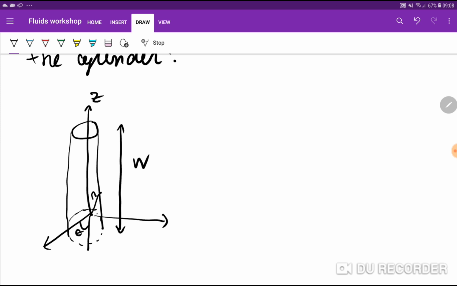Because we're talking about the cylindrical coordinate. But let us zoom into this side right here. Let me draw it out for you. So okay, this is x, this is y.